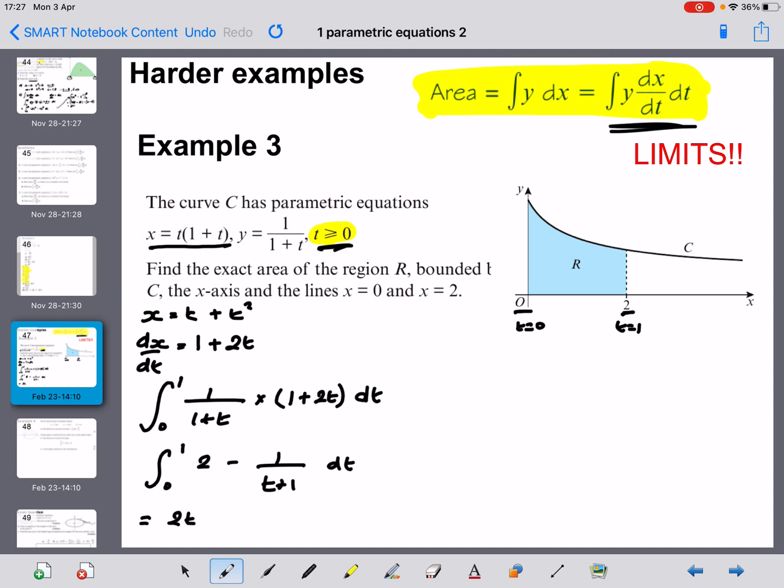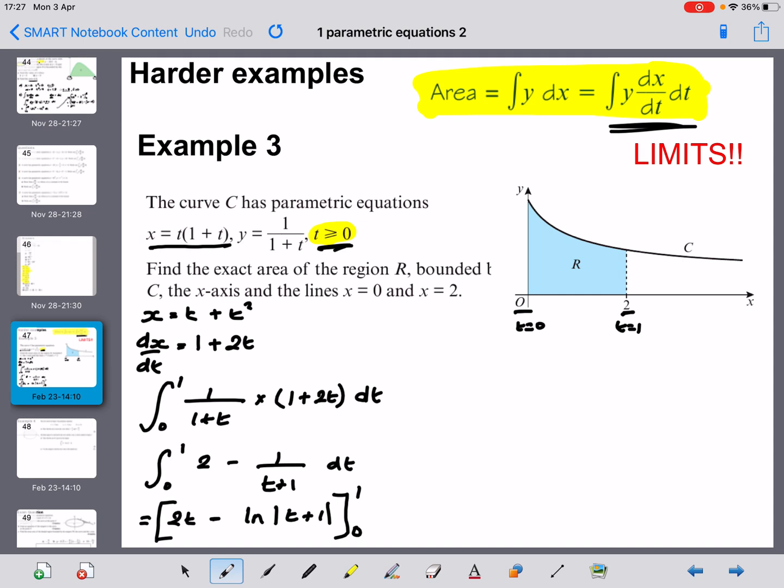The integral of 1 over t plus 1, that's power 1 on the bottom, which means it's going to be a log. So it's going to be minus log of the denominator. But then we've got to divide by the derivative of the internal function. The internal function's derivative is 1, so that's not affecting anything else. So we've got between 1 and 0.